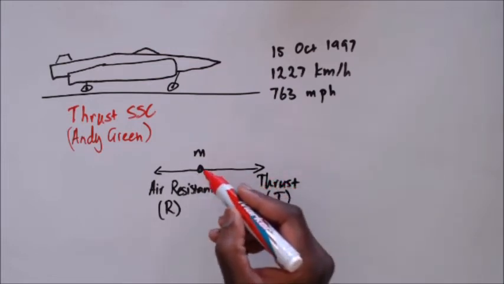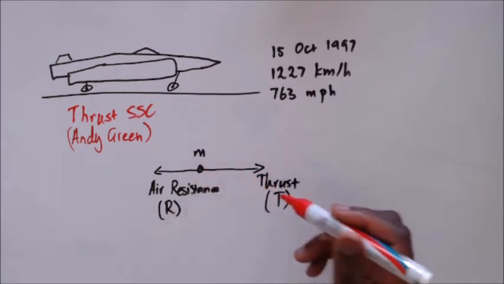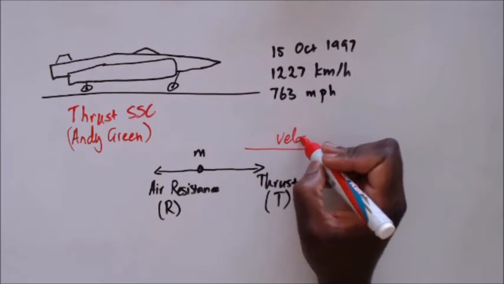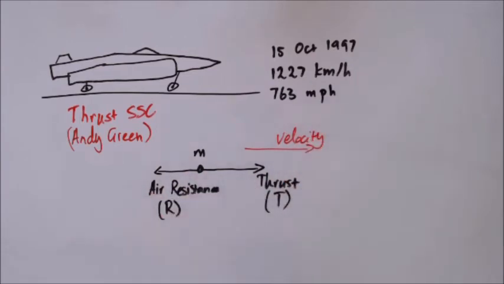And as the vehicle accelerated and increased its velocity in the forward direction, the force due to air resistance increased. And you remember from the previous section that I'd mentioned that the force due to air resistance increases according to a square relationship with velocity. So as speed was doubled from, let's say, 100 miles per hour to 200 miles per hour, the force due to air resistance actually increased by a factor of 4.